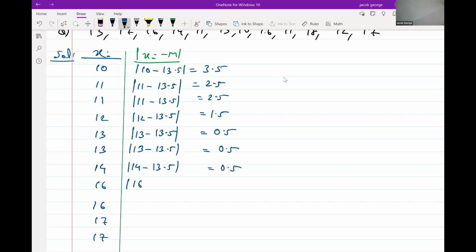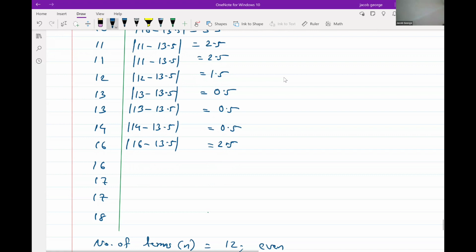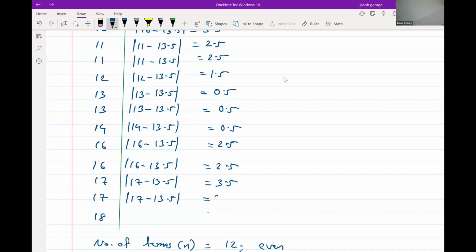Modulus 16 minus 13.5. What is that? 2.5. Modulus 17 minus 13.5 is equal to 3.5.